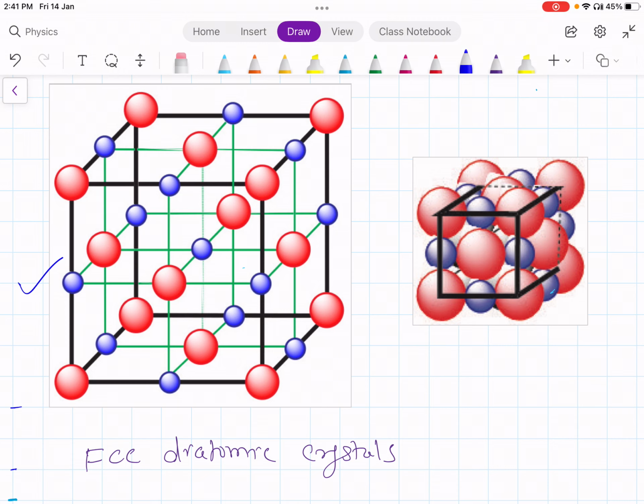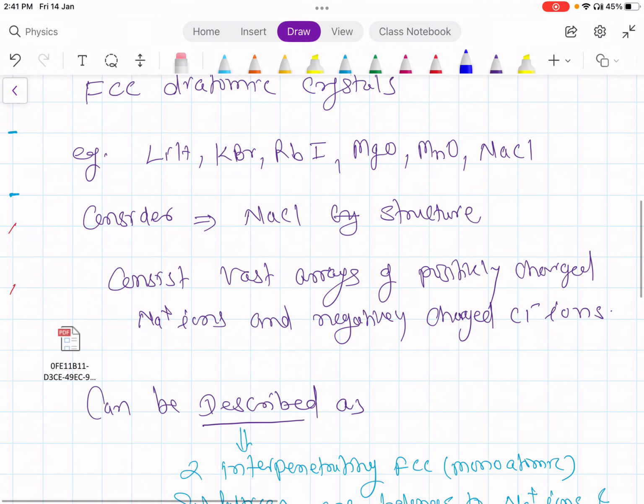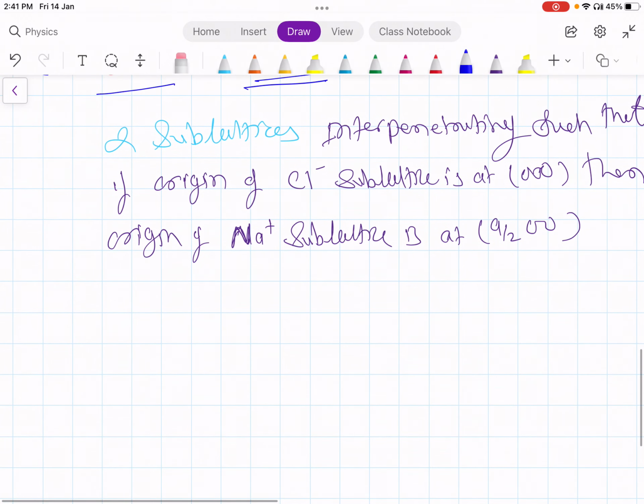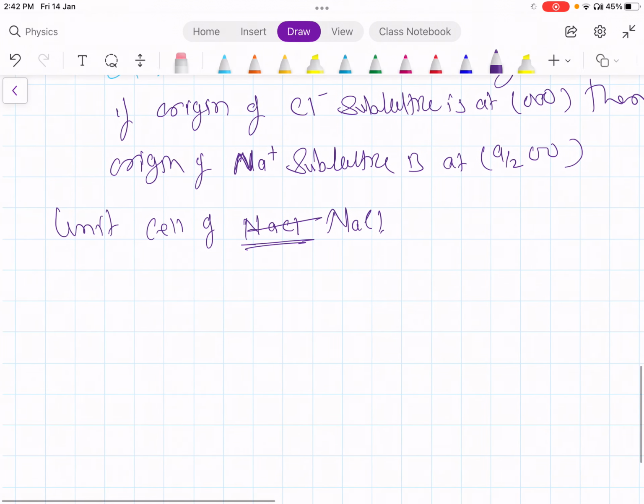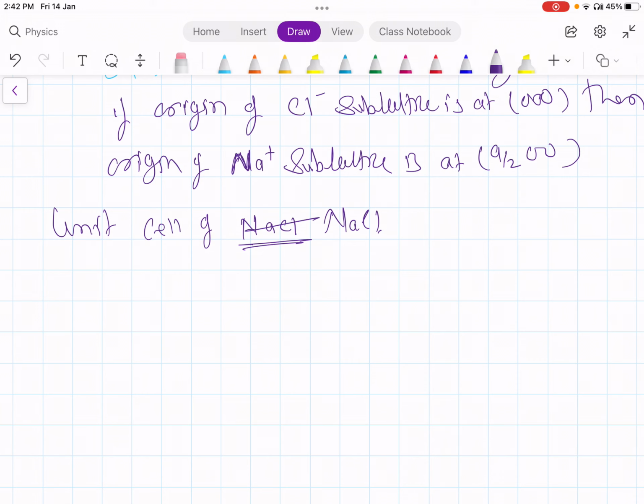Now we have to draw this unit cell. In the exam, you have to draw the unit cell, so I am going to show you how to draw it. Let us draw the unit cell of NaCl.